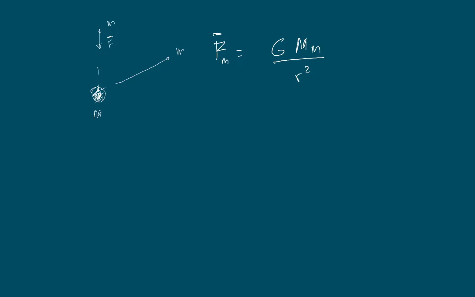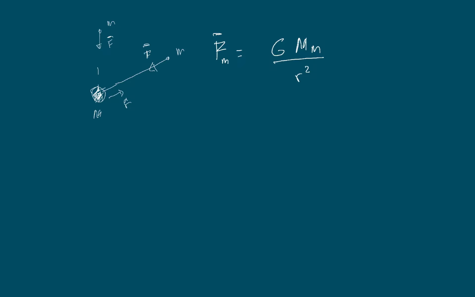And now there is another detail. The force acting on m is an attractive force. It goes in this direction. The vector direction that points to the mass little m is the unitary vector, but the force is in the opposite direction to the unitary vector.